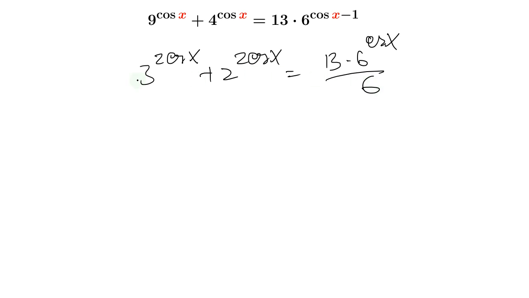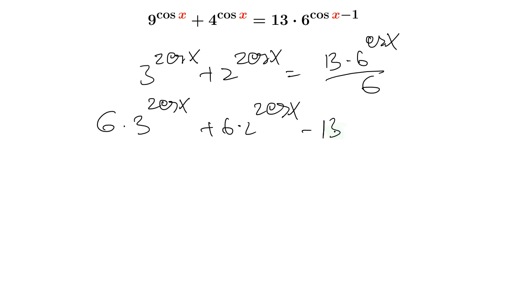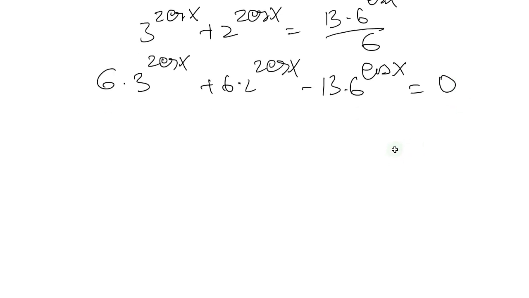So now this 6 comes here. We're going to have 6 times 3 to the 2 cos of x, plus 6 times 2 to the 2 cos of x, minus 13 times 6 to the cos of x, equals 0.